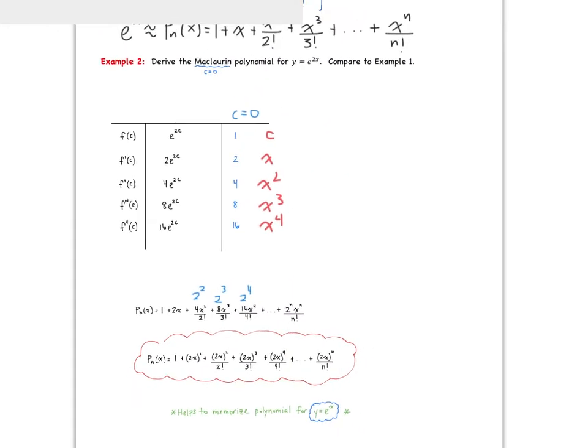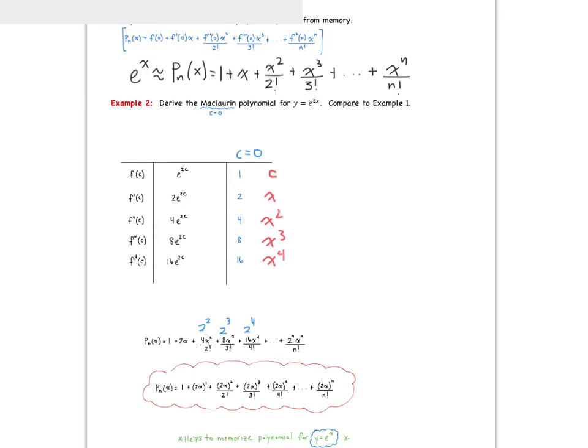So if we compare this, what's the difference here? Well, the difference is that it's e to the 2x. As we're comparing, notice the difference between these two. All we did was change that power. So how does it change the equation?